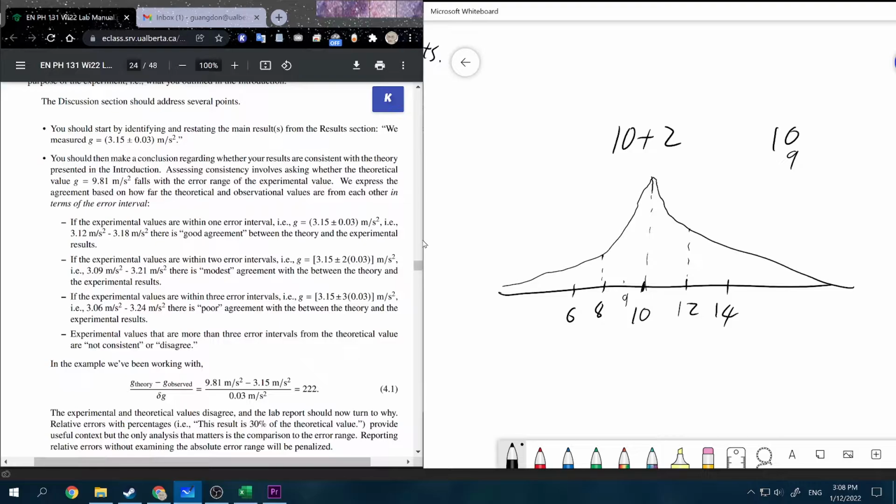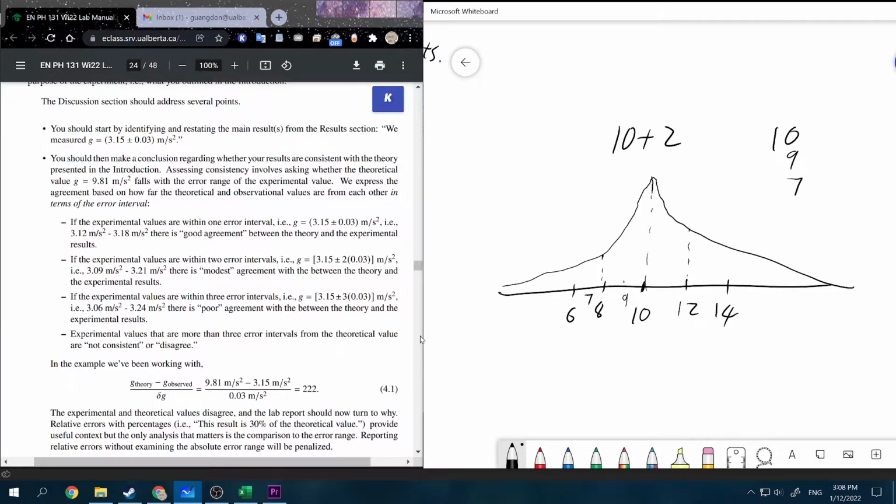And then if it is 7, the 7 is here. So it is above 1 standard deviation away, but it's not further than 2 standard deviations away. So in this case, we say that there is a modest agreement. So you see that there's still a chance that this agrees with that, given the spread of your error.